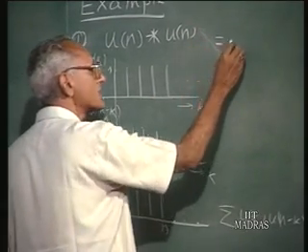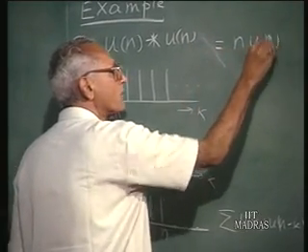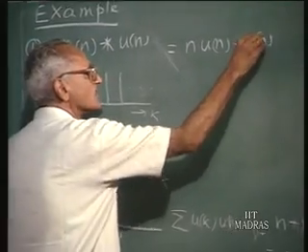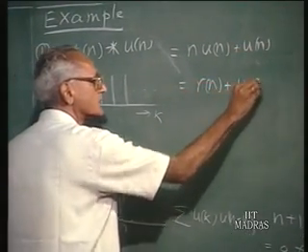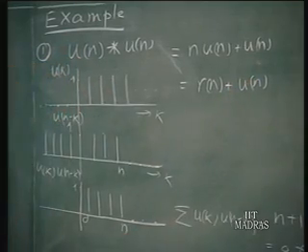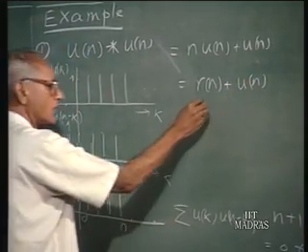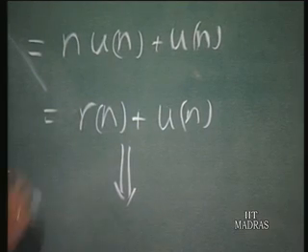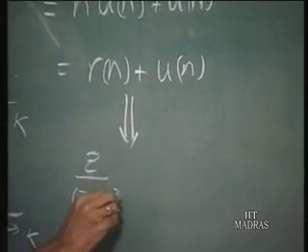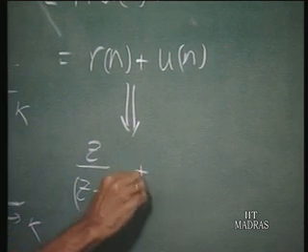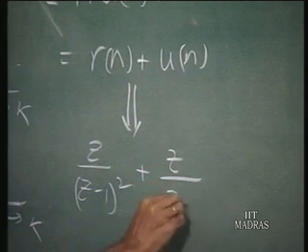Therefore you can write this as n u(n) plus u(n), which means this is r(n) plus u(n). The Z transform of r(n) is z upon (z minus 1) whole squared, and of u(n) is z upon z minus 1.